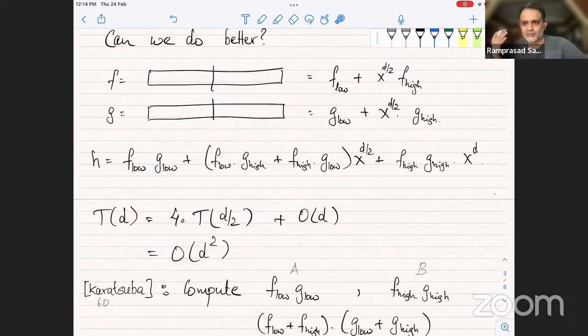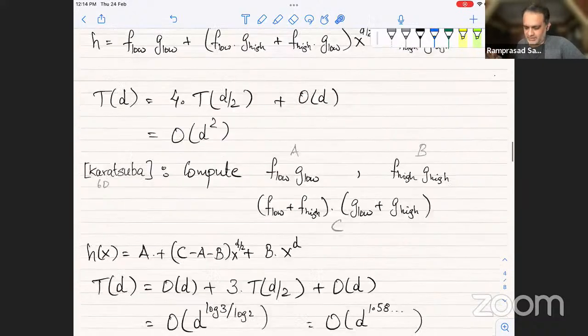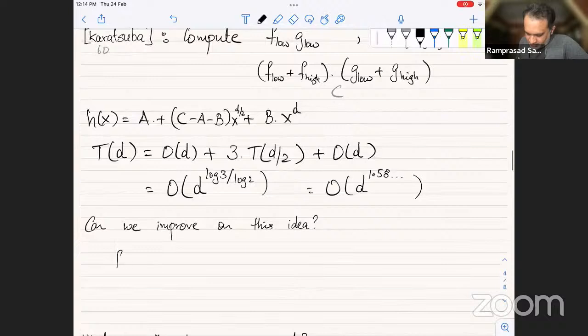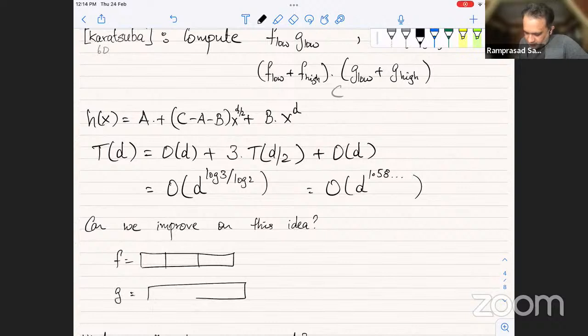okay. Let's do the next knee-jerk reaction to these things. We broke it up into 2 parts. Can I instead break it up into 3 parts and do something? Hopefully we make some progress. So let's do the following. I say this is f, which I break up into 3 roughly equal parts, and g, which I also break up into 3 roughly equal parts.